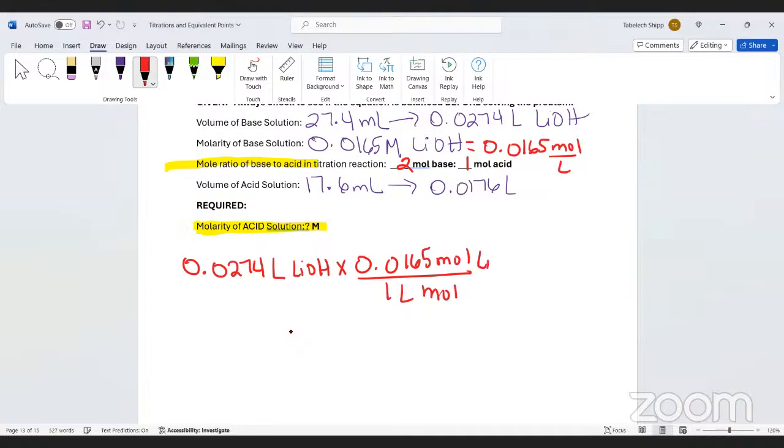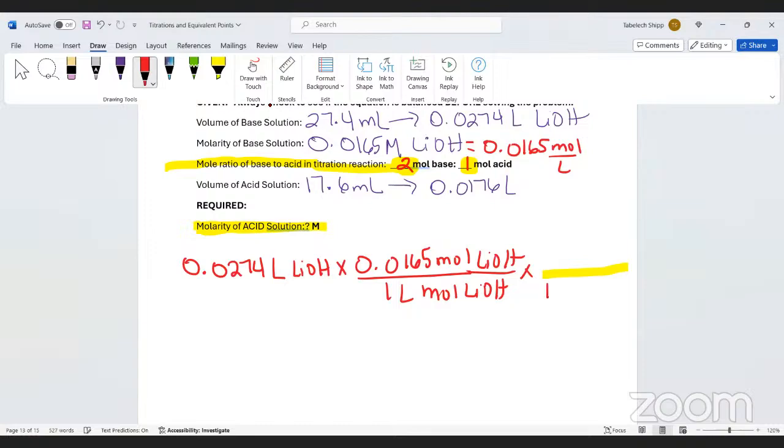Now, in this next step, I'm going to take these coefficients, the 2 moles of the base and the 1 mole of the acid, and I'm going to put that right here. Remember, on the very bottom, I want to get rid of my base.